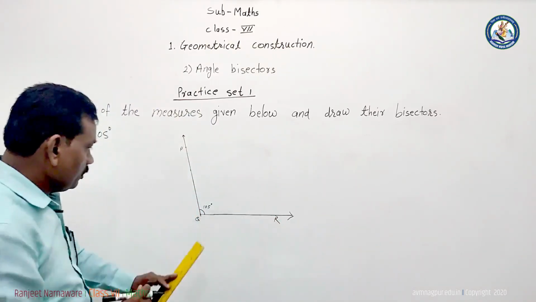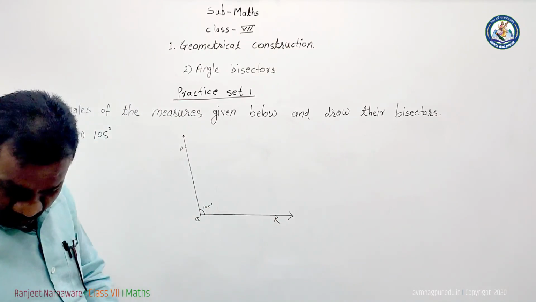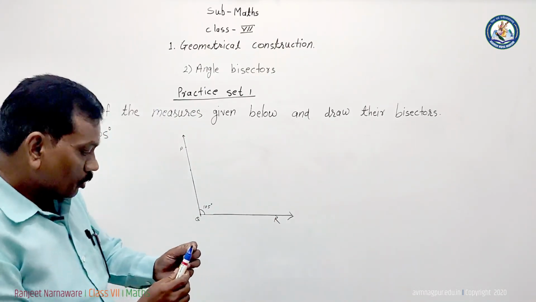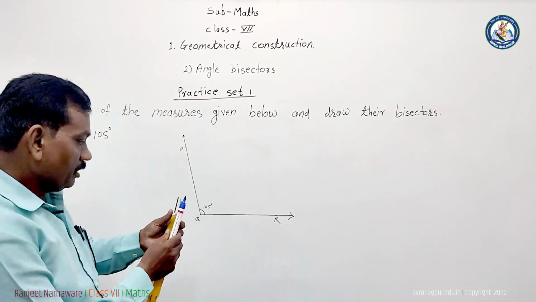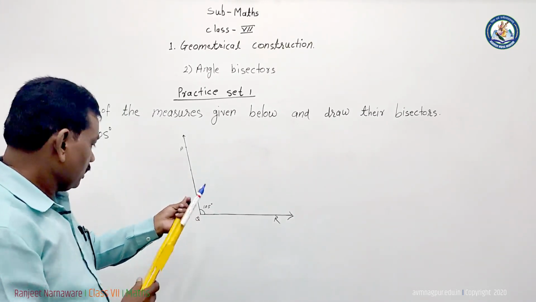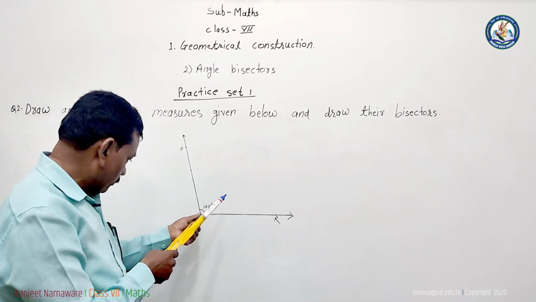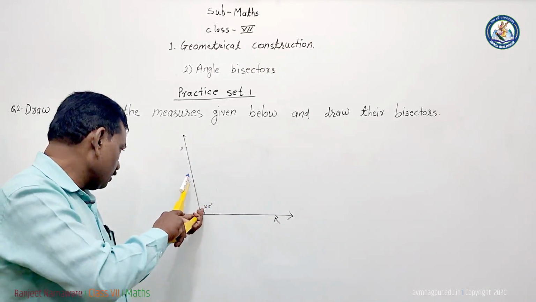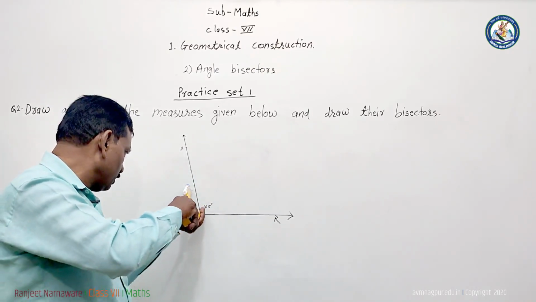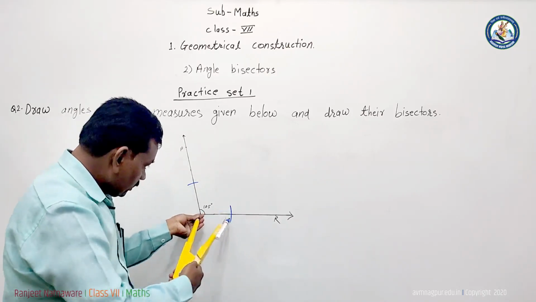Now we will bisect it. To bisect, use a compass. Take a small distance in the compass and put it on the vertex of the angle like this, and draw two arcs on both the arms like this.